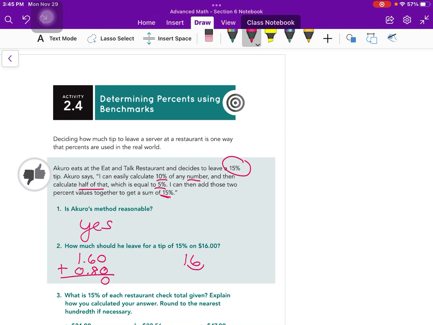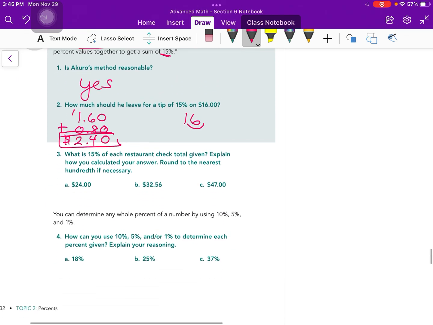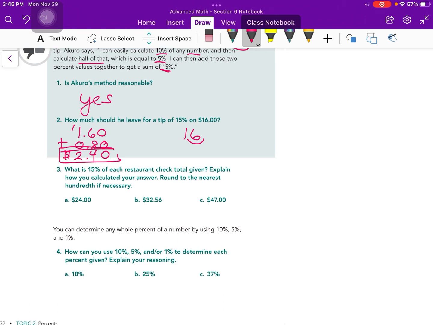And if I add those two together, I would leave a tip of $2.40, and that is 15% of the number. Well, this works pretty slick. I bet I could even do this in my head if I didn't have a calculator with me when I was eating. Let's try 15% of each check.